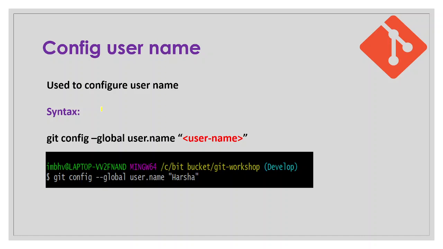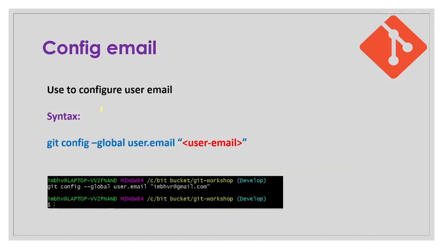I will show you the error you get if you're not setting up the username. Then we will set up the username, and there will be an email ID we need to configure. These are the two configurations we need to do as a one-time activity.